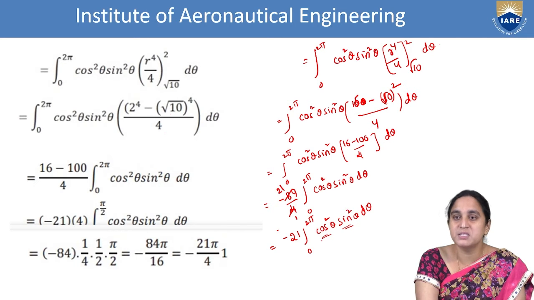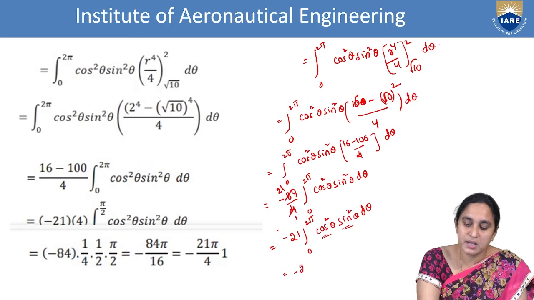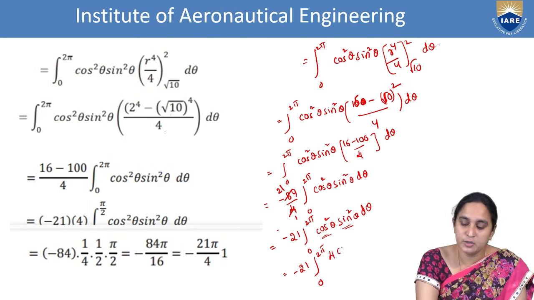What is the missing term? 2 is missing, and 2 means a square term, that means 2 square, that means 4 is missing. That's why I'm multiplying and dividing by 4. That is 4 into cos square theta sin square theta by 4 into d theta.